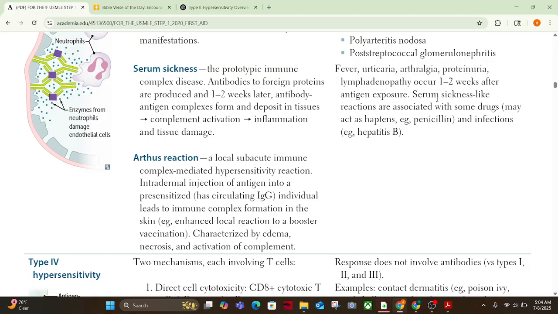So after booster vaccine, the patient develops a painful red swollen area at the injection site 4 to 12 hours later, and that is due to immune complex deposition in the skin. The immune complex deposition means antigen-antibody deposition. The antigen here is from the booster shot. The antibody here is from the IgG that was already circulating in the blood.